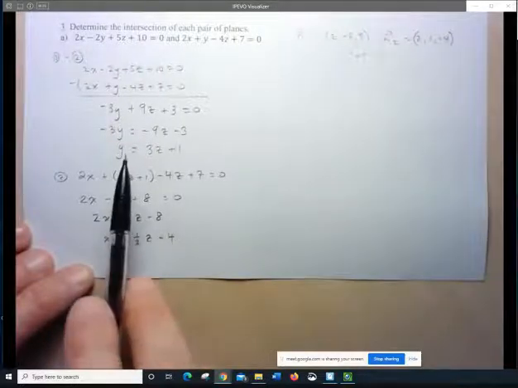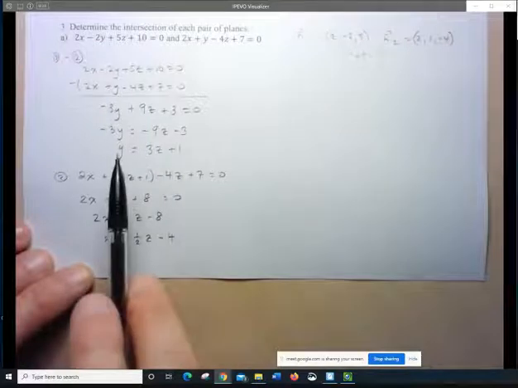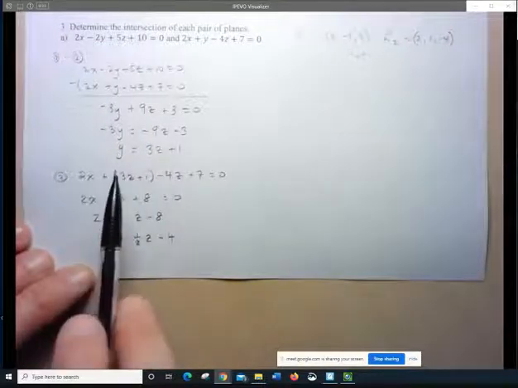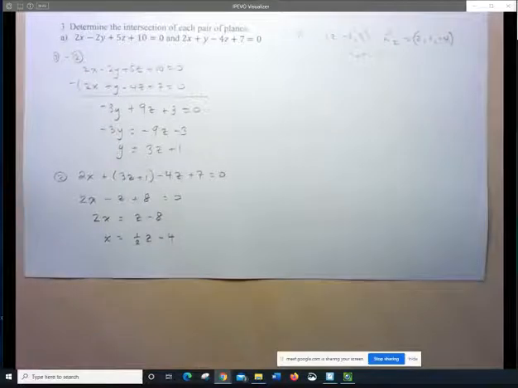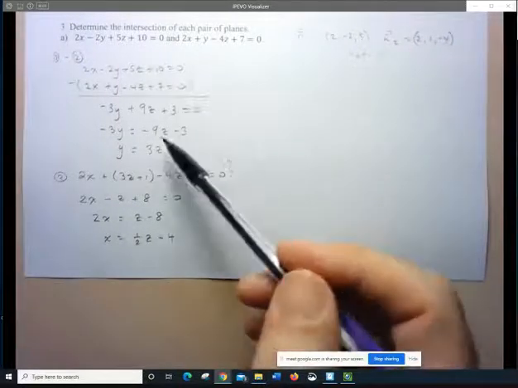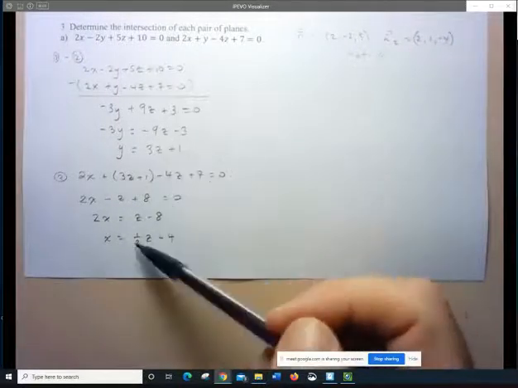Does that look familiar, where you're writing components in terms of another variable? Maybe think about what our solution should look like.